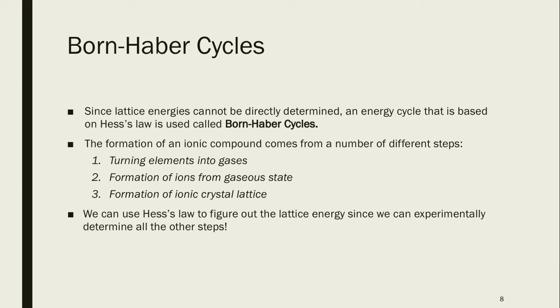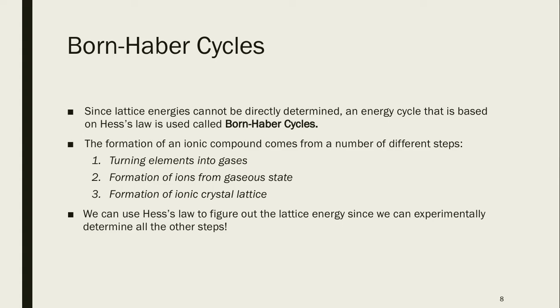So in order to create an ionic compound, there are a couple steps that need to be done. So the first one is turning the elements into gases. Okay? We want gaseous ions eventually, while most elements are not gases in their normal state. So we turn them into gases.